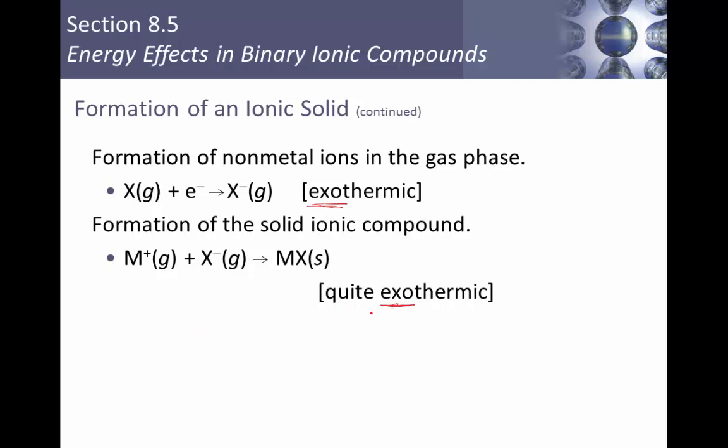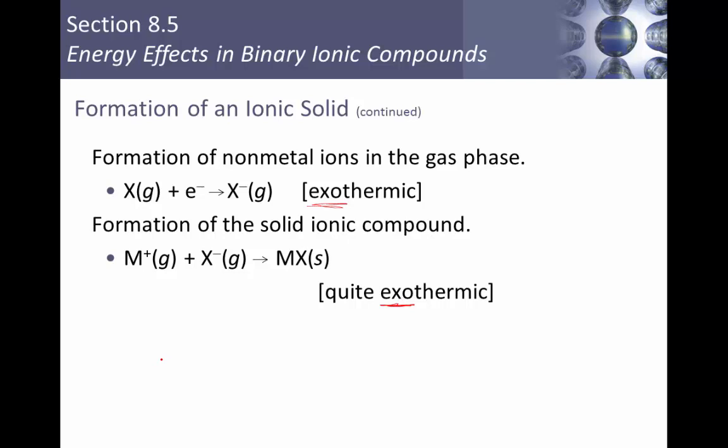And it's because of that lattice energy, that last bit of energy being released, that the ionic compound is stable. If the lattice energy isn't large enough to override all those endothermic steps, then the ionic compound wouldn't form. But that's the idea behind why a binary ionic compound forms.